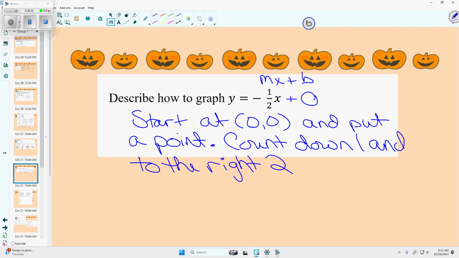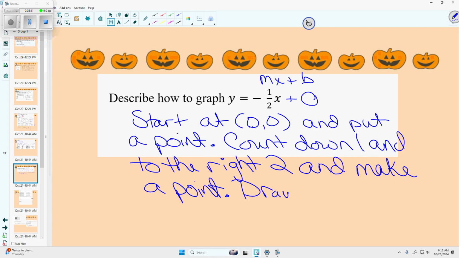And do what after I've counted down 1 and to the right 2? And make a point. Now what? Draw a line. Draw a line where? Through the 2 points.